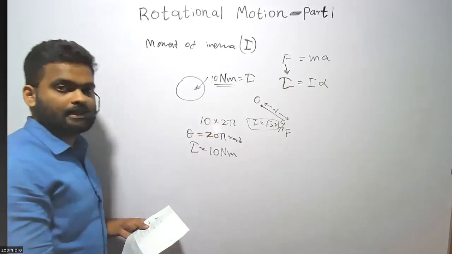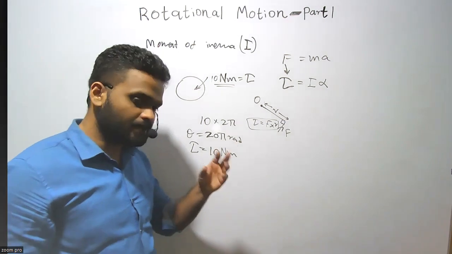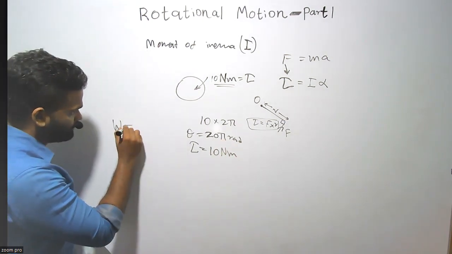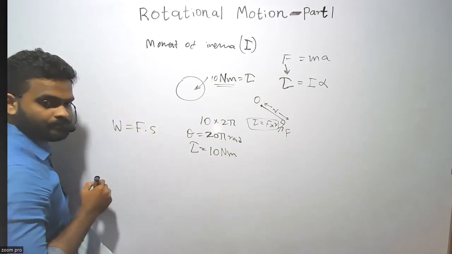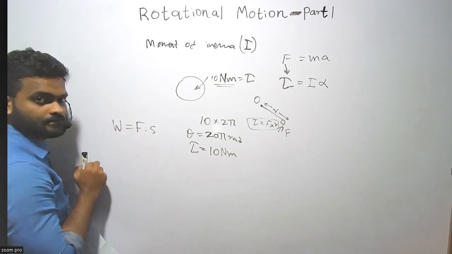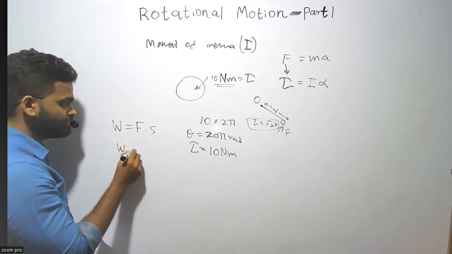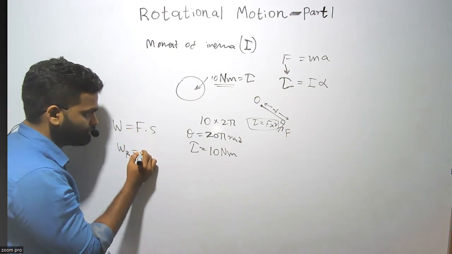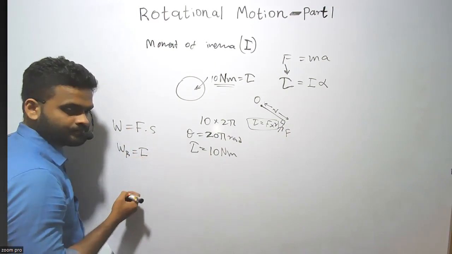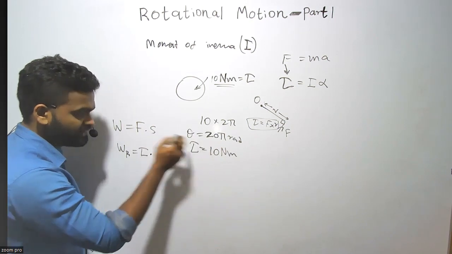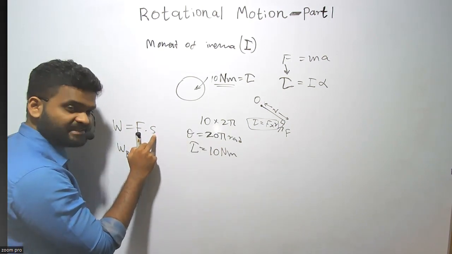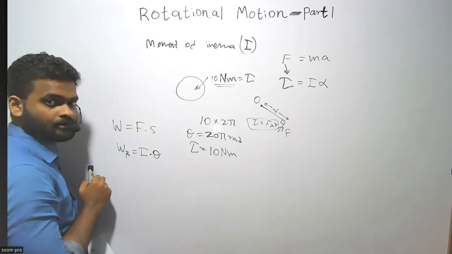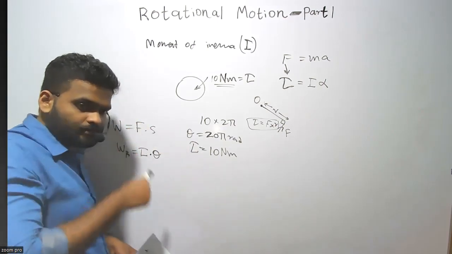Here what they ask is work done. What's the equation to find the work done? In linear motion we have force times distance. For rotational work, instead of force you apply torque, measured in Newton meters, and instead of displacement S you put theta. So this is the equation to find work when you rotate objects.